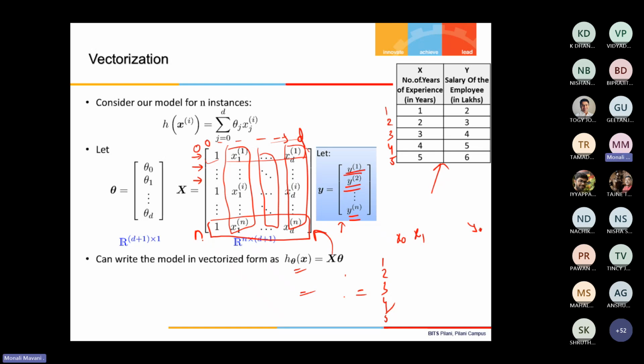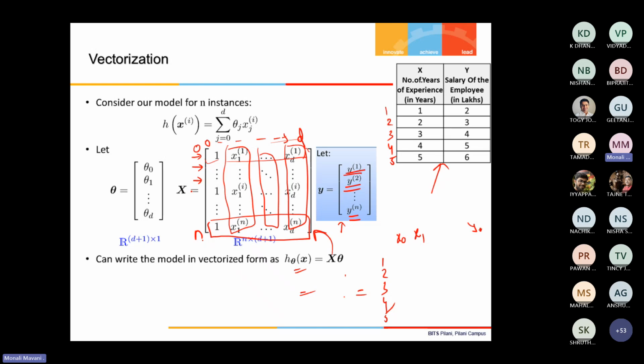So rather than treating each training example and each feature separately, multiplying each feature with its corresponding weight and then summing them together, we are performing this using matrix computation. So we need to first convert everything into vectors and matrices. That's what we have done here.